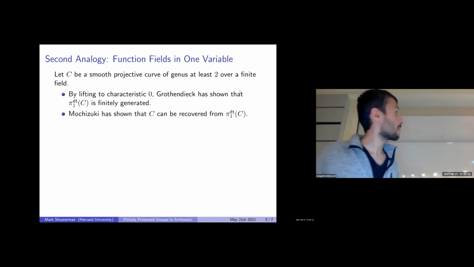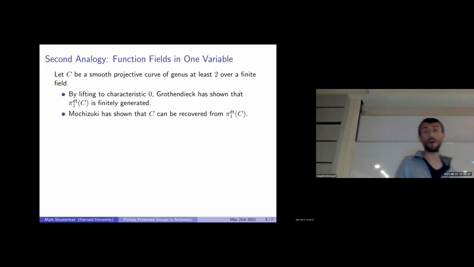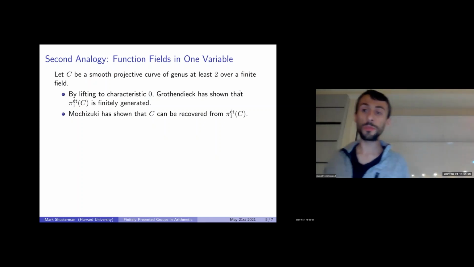And then just a small piece of motivation for why we are interested in these fundamental groups. How much do they know about the objects?